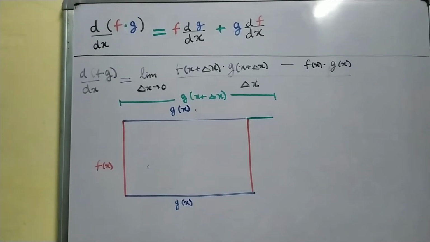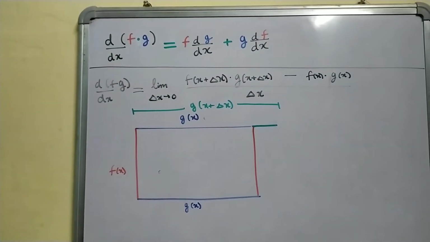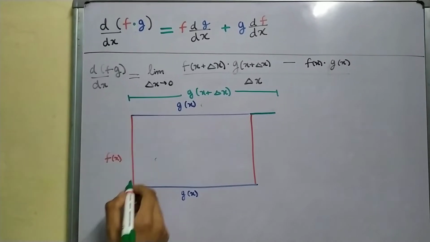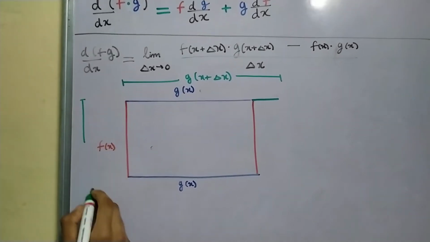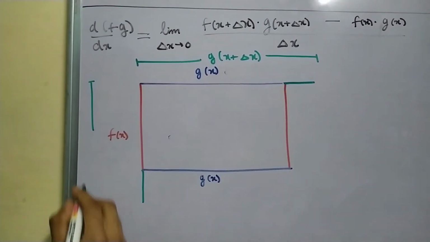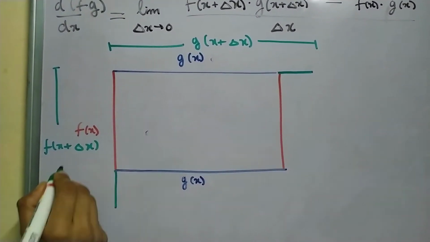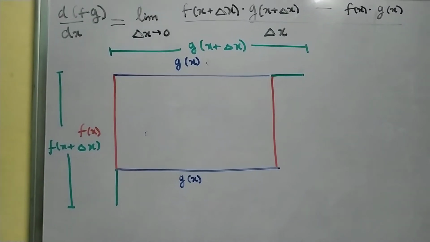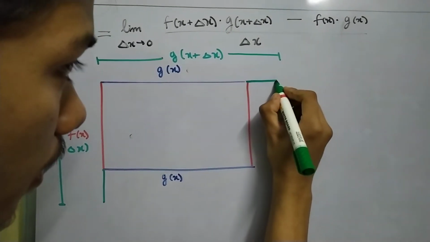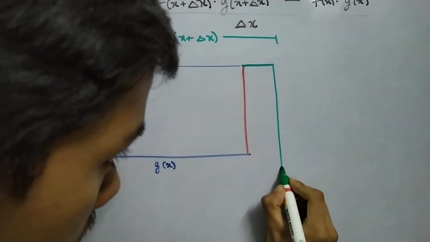Okay, and similarly you extend your f of x by some amount, and this will be f of x plus delta x. Okay, and then you complete this rectangle.